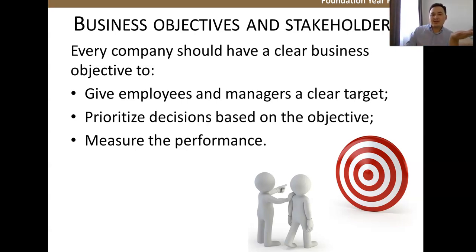On one hand, this is good. On the other hand, this is not so good. So it's always about making a decision. It's always about choosing and prioritizing. There are always some trade-offs. So having a business objective guides you to make and prioritize decisions. Measuring performance is another reason for having a business objective.